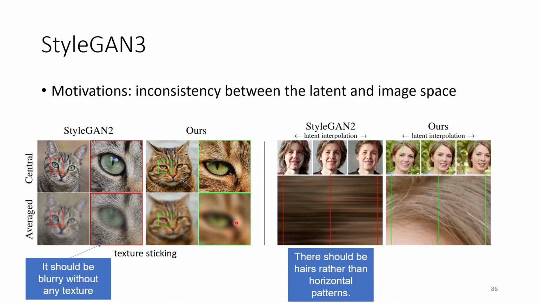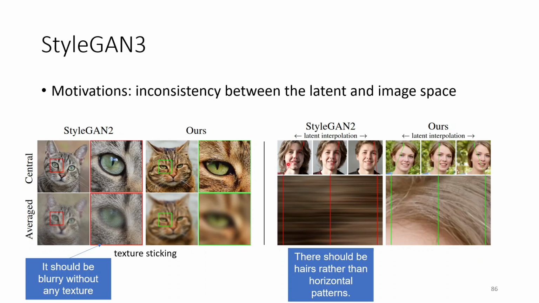But in fact, StyleGAN V2 doesn't. It generates some patterns on these images. And this is another example. This is the image generated by the first latent code, and this image is generated by another latent code.